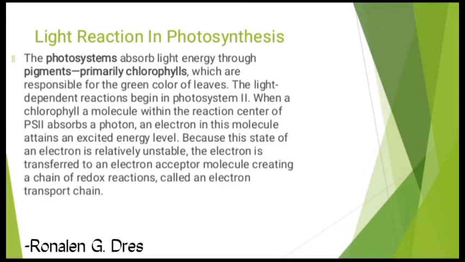An electron in this molecule attains an excited energy level. Because this state of an electron is relatively unstable, the electron is transferred to an electron acceptor molecule, creating a chain of redox reactions called an electron transport chain.